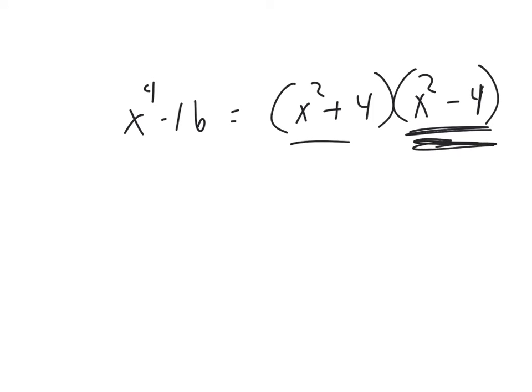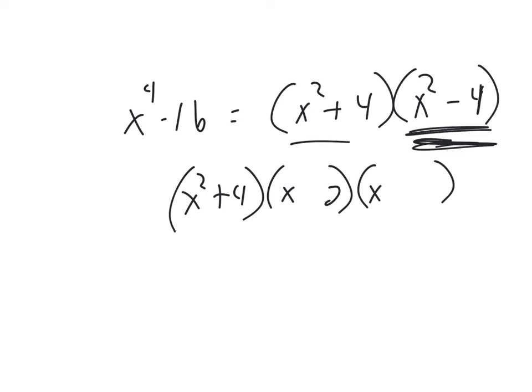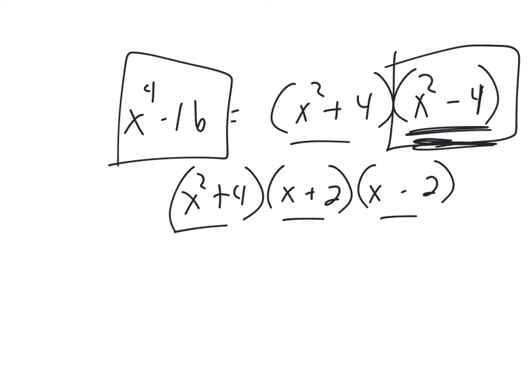Yes, it is. So now I'm going to rewrite the first one. And now I got the square root of x squared is x, and the square root of 4 is 2. And I got a plus and minus. Okay? So when you get done, you just have to check to see if there's something you can still pull out, factor out, or is something still a difference of squares. Okay? And so this has 3 factors. This particular thing here has 3 different factors to get to it.